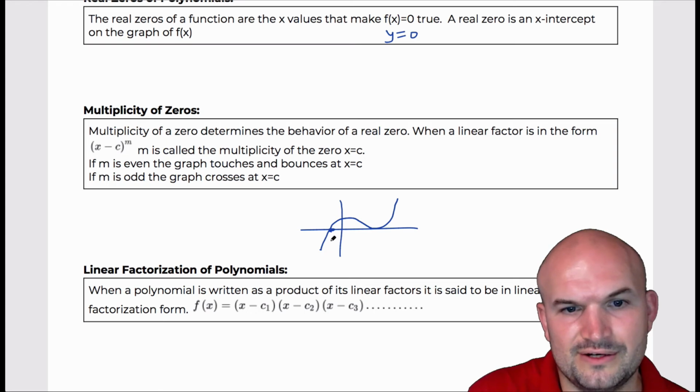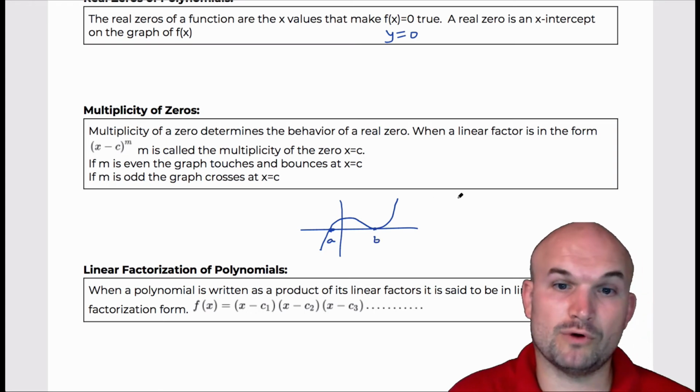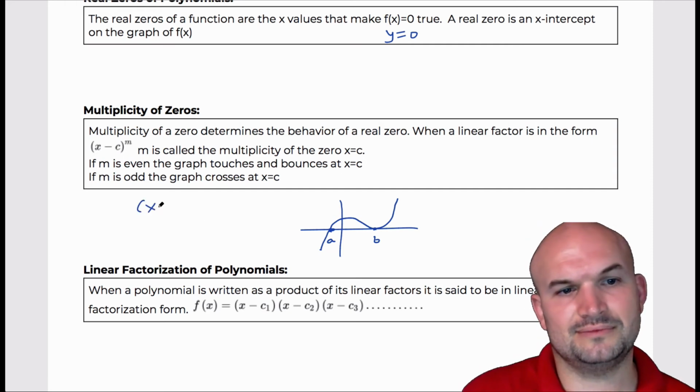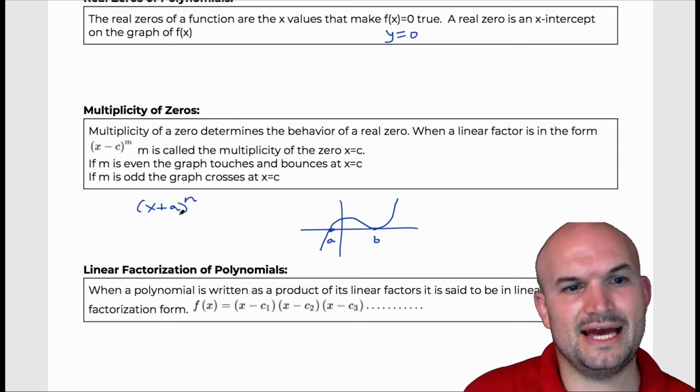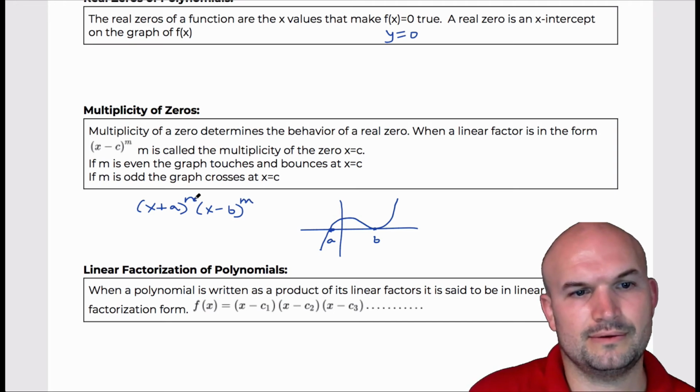So let's say here's A and here's B. If we wrote these as factors, we could say x plus A to the n, and then this one would be x minus B to the m. I'm using m here.